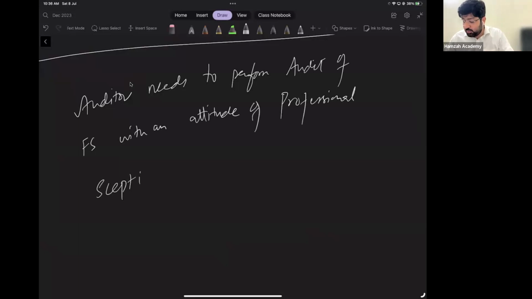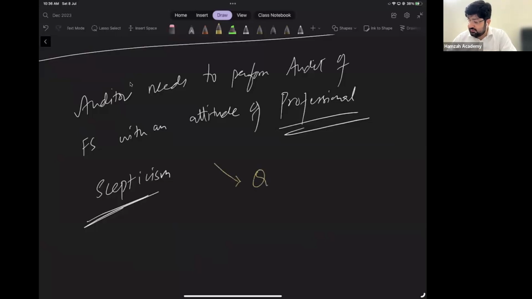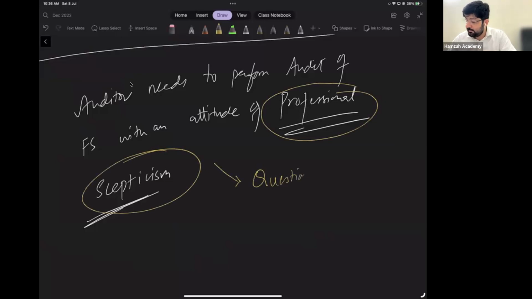You can spell skepticism in either way. What is professional skepticism? Skepticism means a questioning mind. Critical thinking.